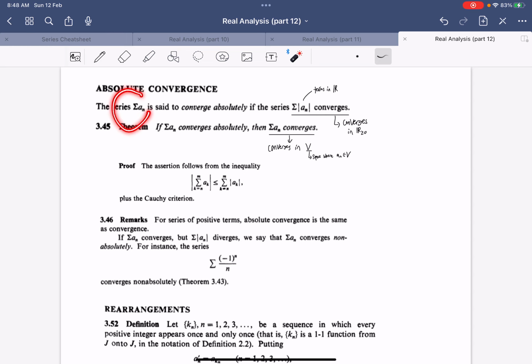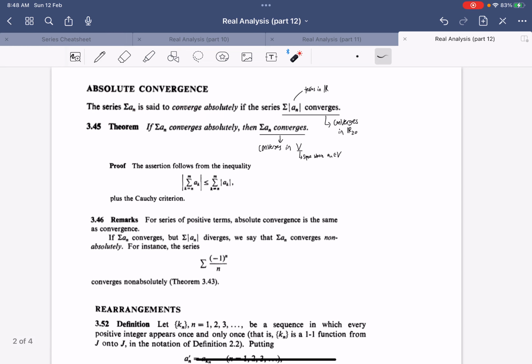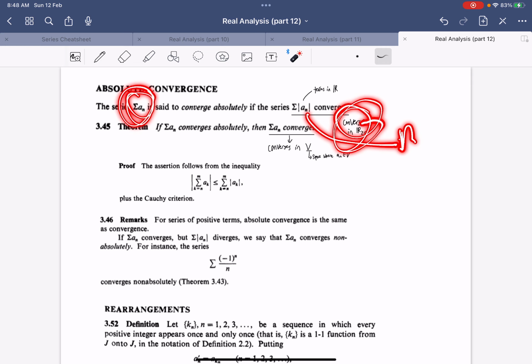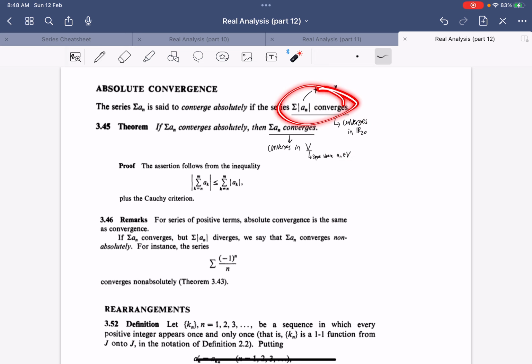So a series is said to be absolutely convergent if the series where all the terms are the positive terms, the absolute values, converges in the real numbers. The original series can converge in the original field or the original space V, but this absolute convergence will converge in the real numbers.